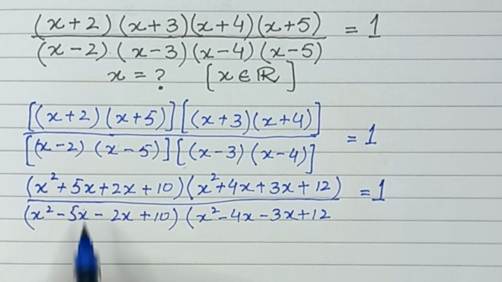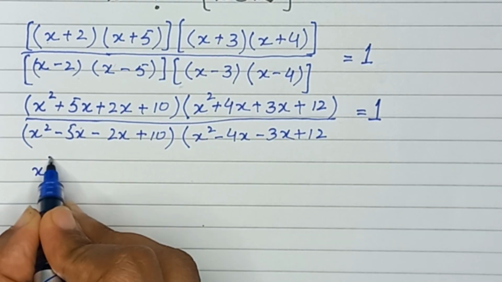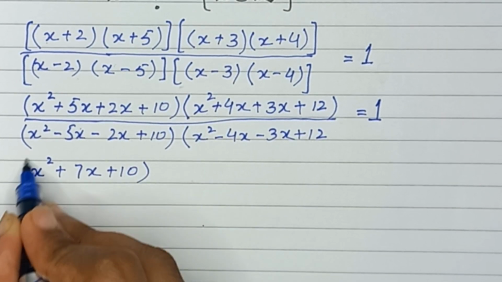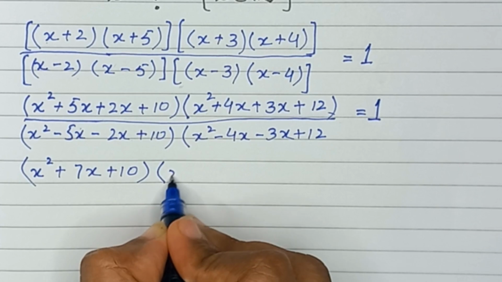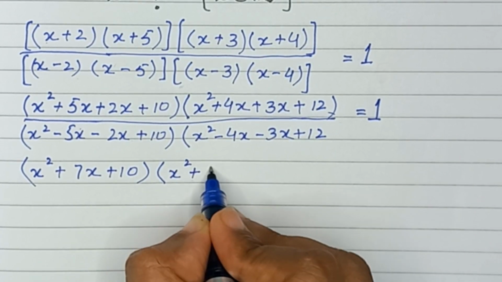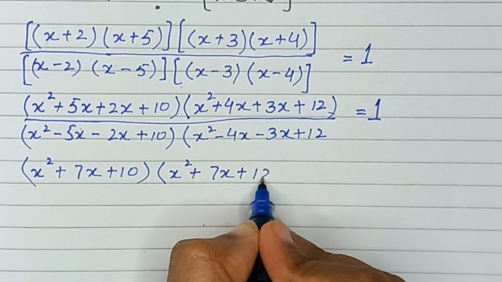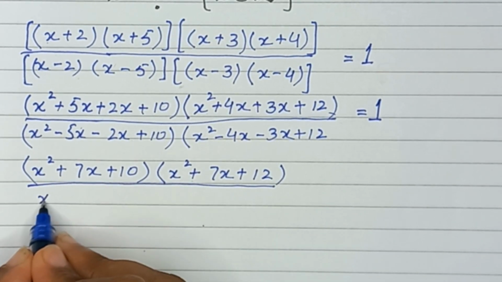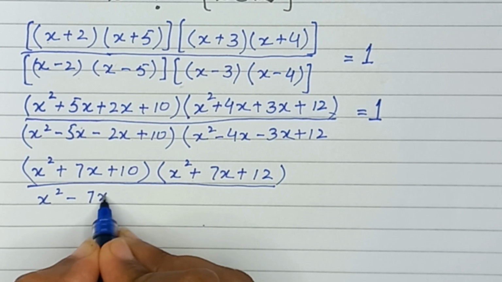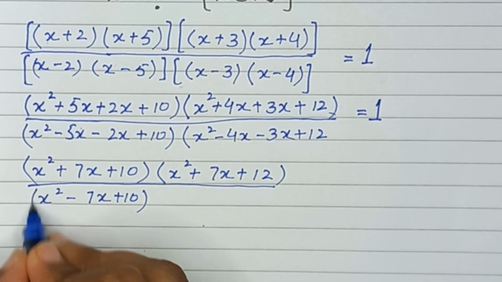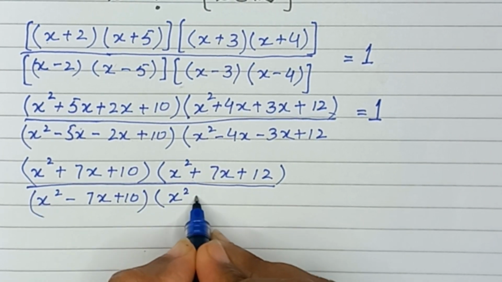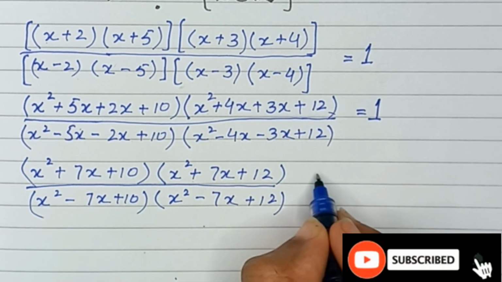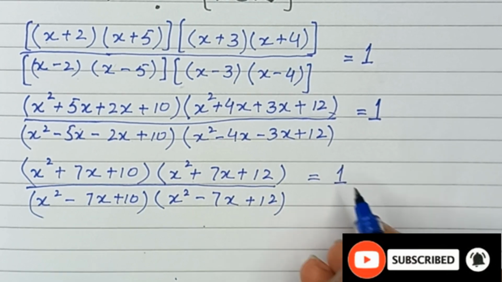Now we will add like terms, so it will become (x square plus 7x plus 10)(x square plus 7x plus 12) divided by (x square minus 7x plus 10)(x square minus 7x plus 12), and it will be equal to 1.